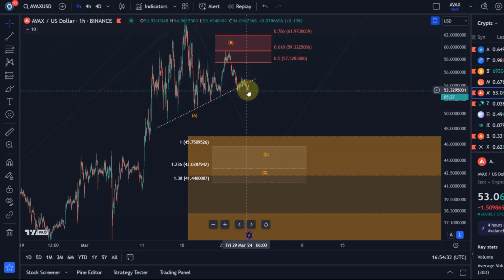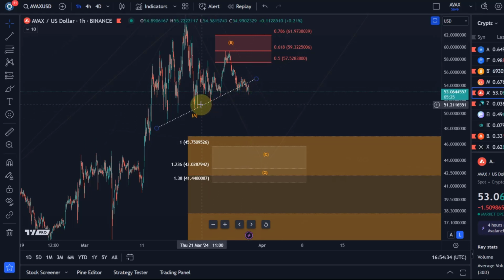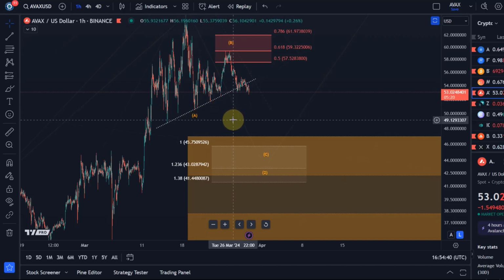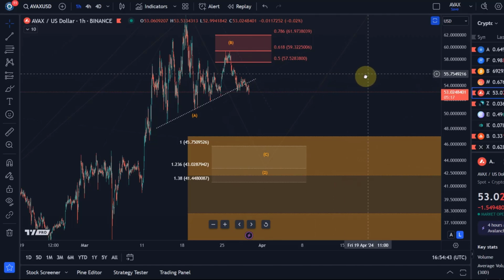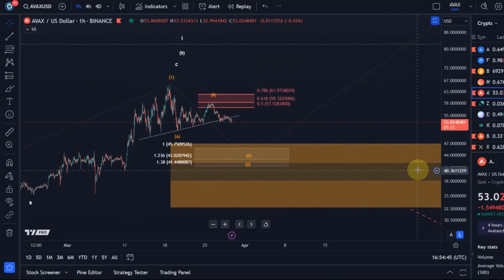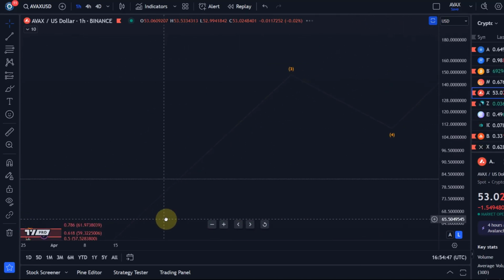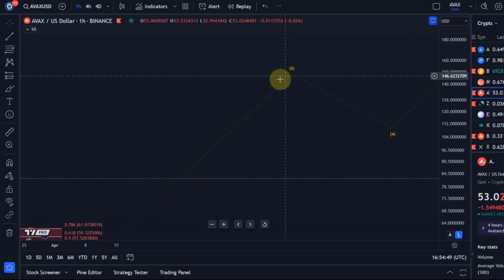It would need to produce a little bit more downside though, and break below that $50.50 level next, to confirm this further. And then once this correction is over, we should see another C wave, a third wave to the upside.